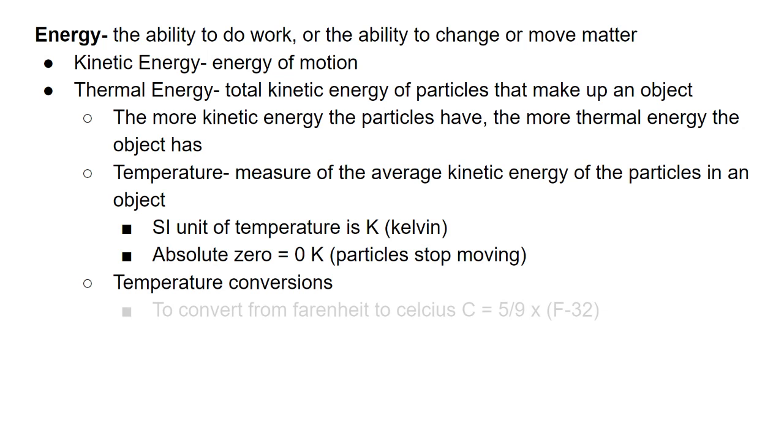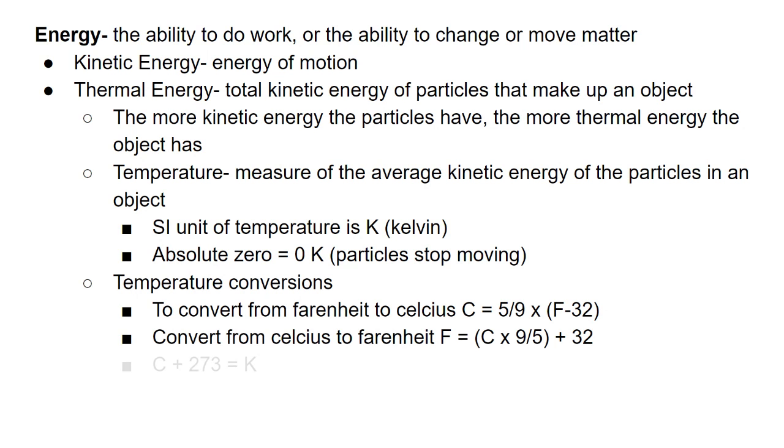We have to know some temperature conversions. So take a look at these formulas here. If you have Fahrenheit temperature, which we use in America, and you want to convert it to Celsius, you take 5/9, which is about 0.56, and multiply it times the Fahrenheit temperature minus 32.